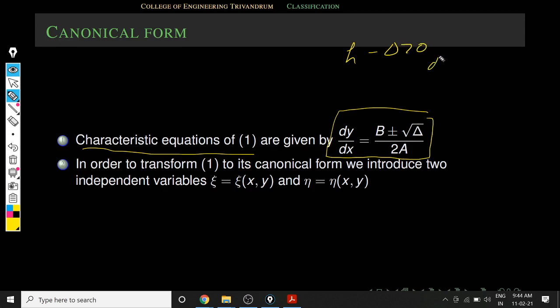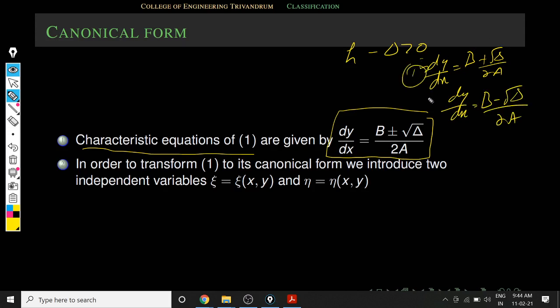So it is clear that we have two distinct equations: dy by dx is equal to b plus square root of delta by 2a, and dy by dx is equal to b minus square root of delta by 2a. Corresponding to these two equations, we have two characteristic equations.